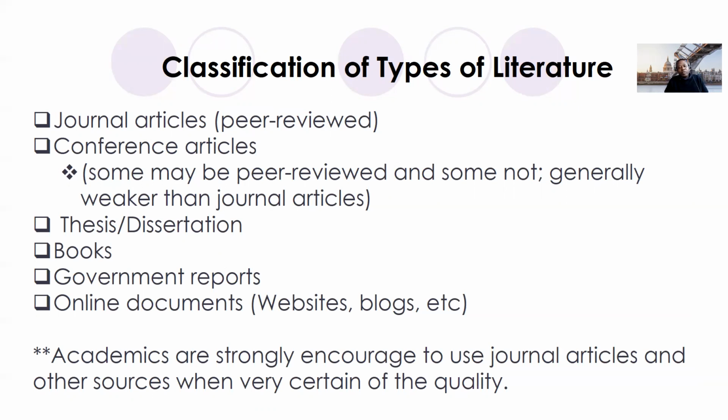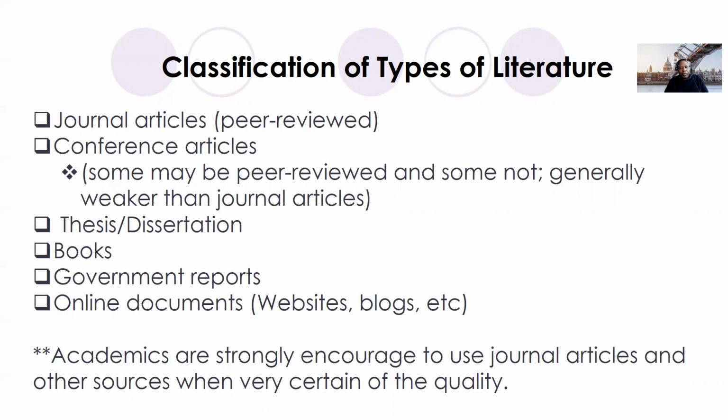Then we also have government reports, which often are published by a government department or a commission that has been set up to investigate an event or something happening within a given sector of the economy.